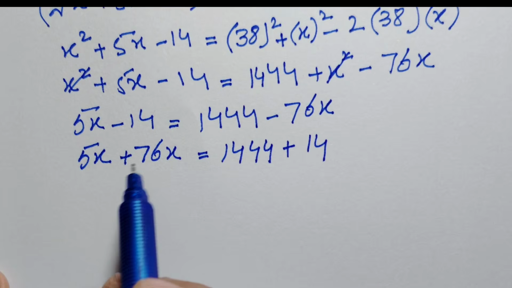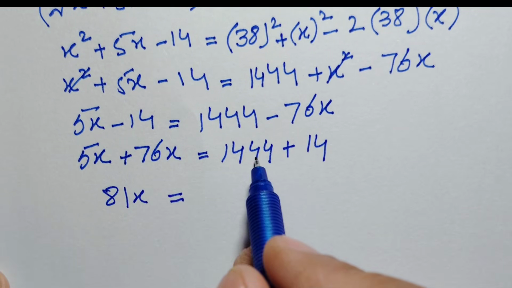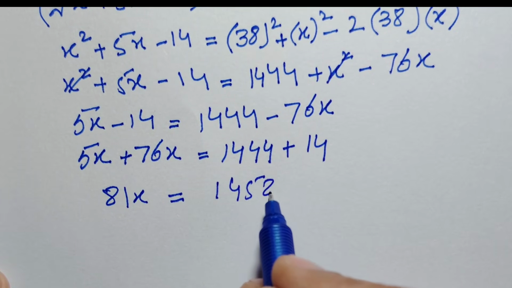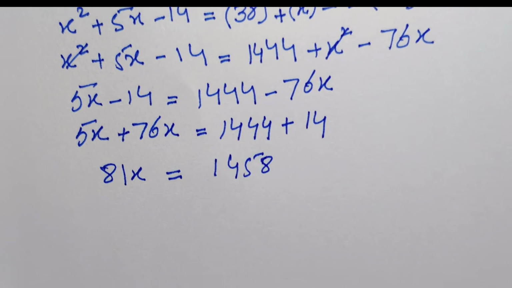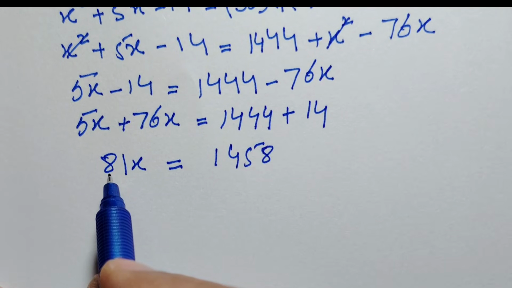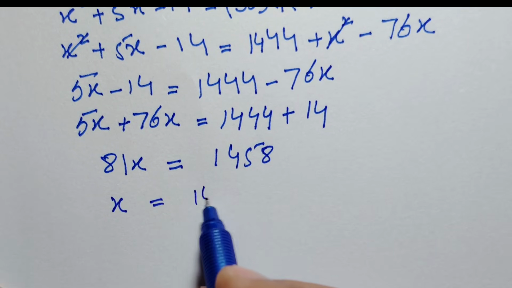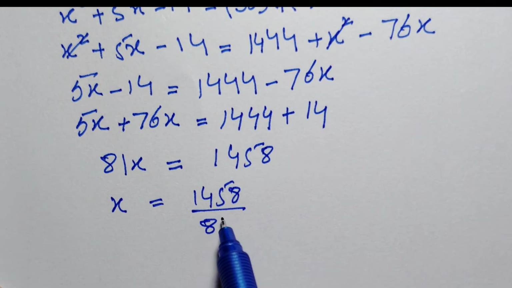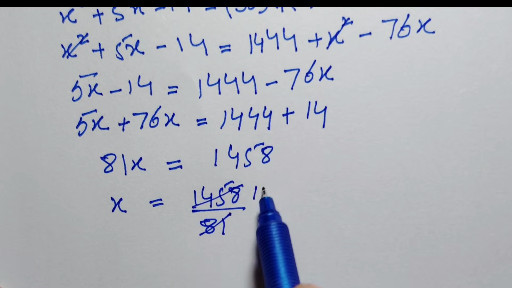Now 5 plus 76 is equal to 81x, and this is equal to 1458. To find the value of x, we divide both sides by 81, and we get x is equal to 1458 divided by 81, and 81 cancels 1458 by 18.